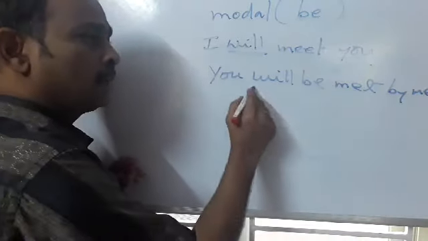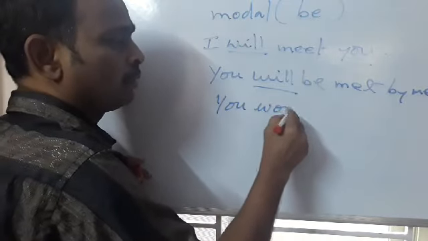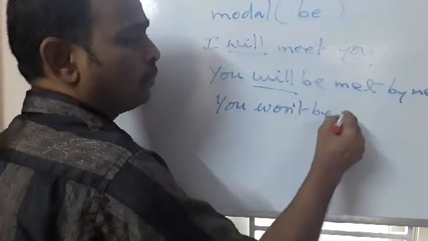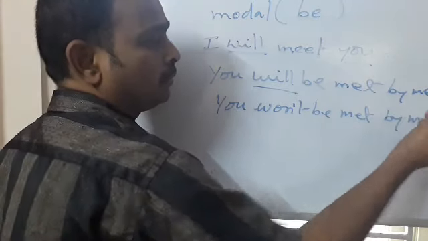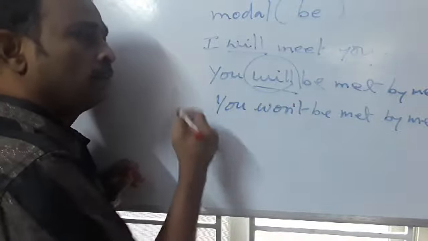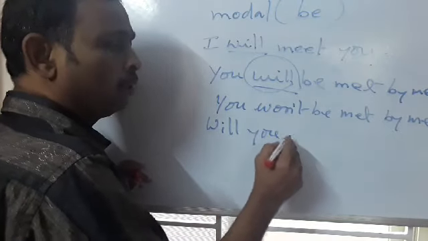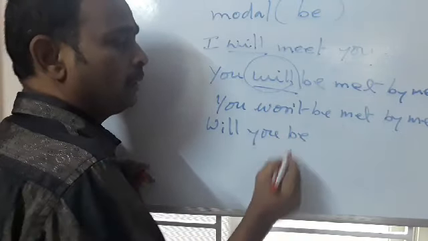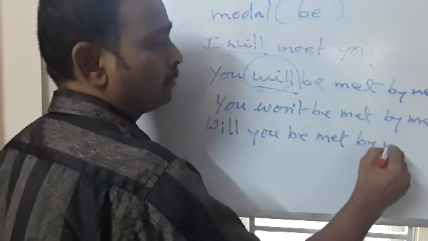If you want to write negative, you won't be met by me. Sorry. If you want to write interrogative, bring this will before the subject. Means will you be, don't forget be, will you be met by me?